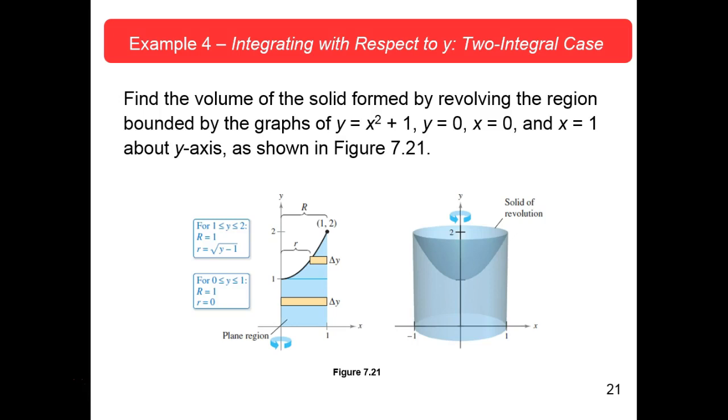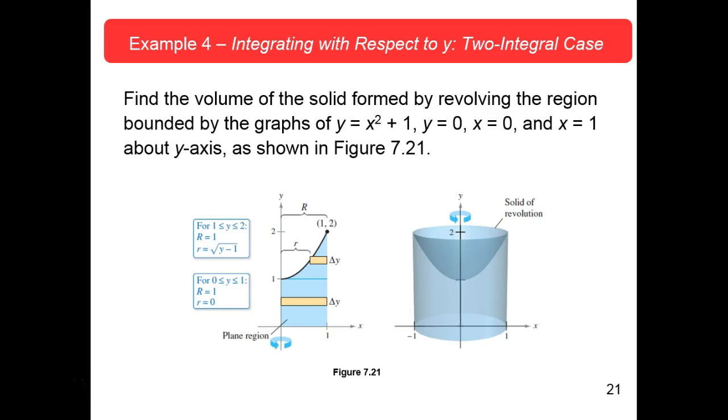So here's example 4. Find the volume of the solid formed by revolving the region bounded by the graphs of y is equal to x squared plus 1. That's going to be your good old parent function, y is equal to x squared.